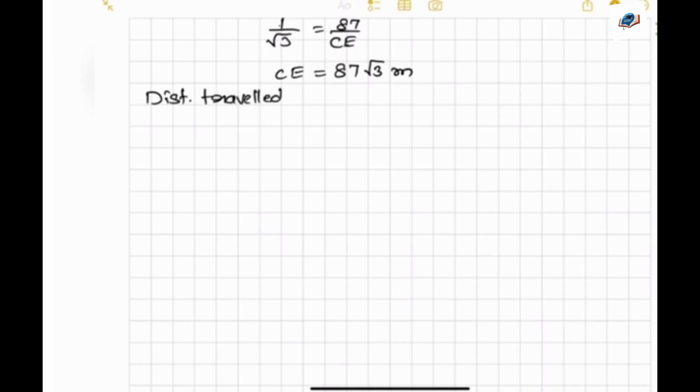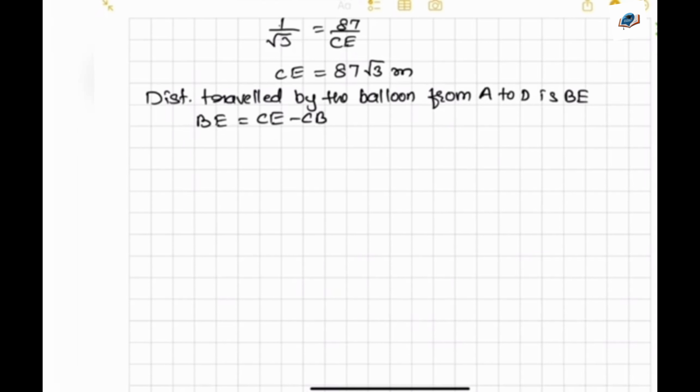Now, distance traveled by the balloon from A to D is BE. So BE equal to CE minus CD. So that is 87 root 3 minus 87 upon root 3.